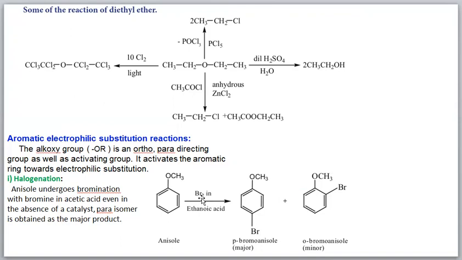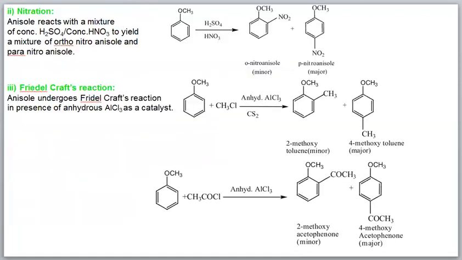One bromine combines with one hydrogen from the ortho position, so we get HBr, and the bromine joins there. Similarly at the para position, we get both products. Among these two, the para isomer is the major product and the ortho isomer is the minor product.